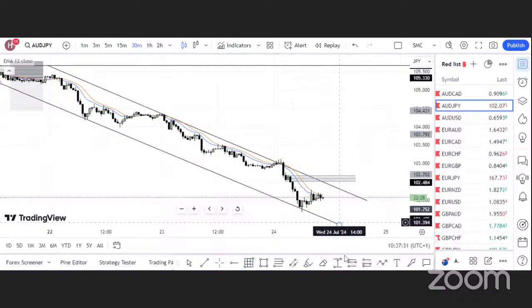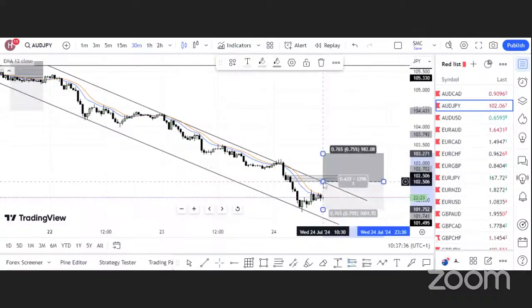If we are to open a position from here, this would probably be our entry point.